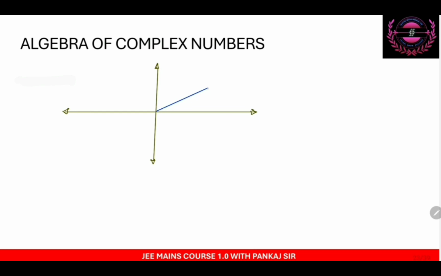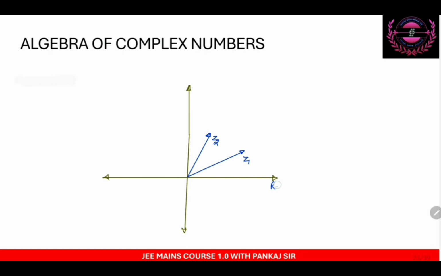This is z1, this is z2, with the real axis and imaginary axis, and if we draw a parallelogram connecting these points, let's say the origin is O, and this is A, B, C. Z1 is OA, Z2 is OC.